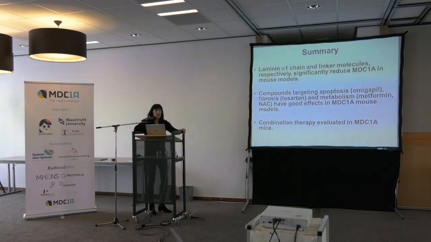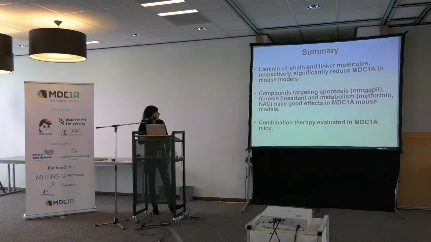So basically, if we summarize what I have talked about here today, I have shown you that laminin alpha 1 chain and also linker molecules, respectively, significantly reduce MDC1A in the different mouse models. I also showed you that compounds targeting apoptosis, one such compound being Omigapil, a compound targeting fibrosis, for example losartan, and compounds targeting metabolism, metformin and NAC, have good effects in MDC1A mouse models.